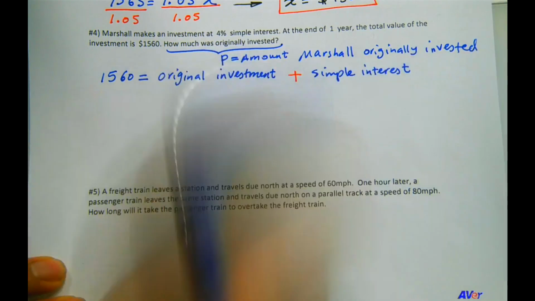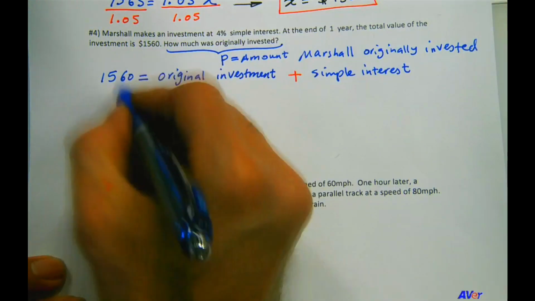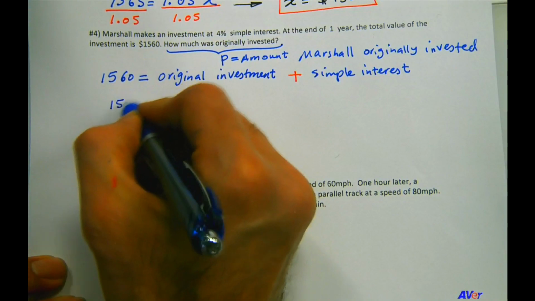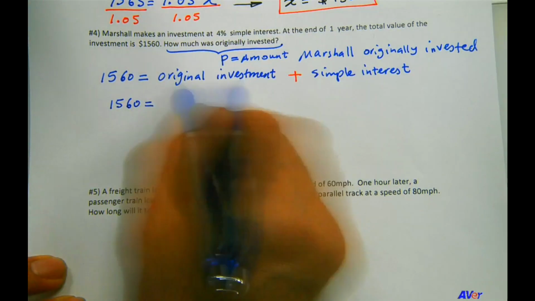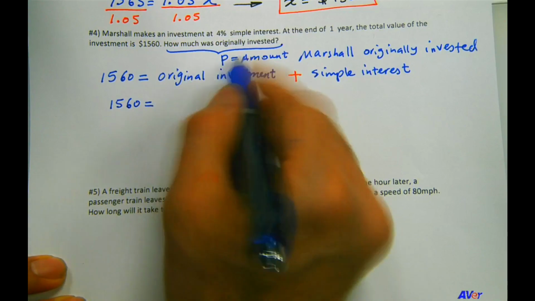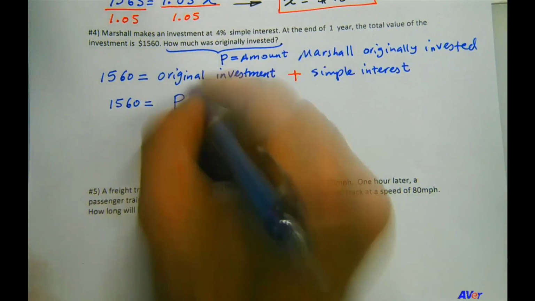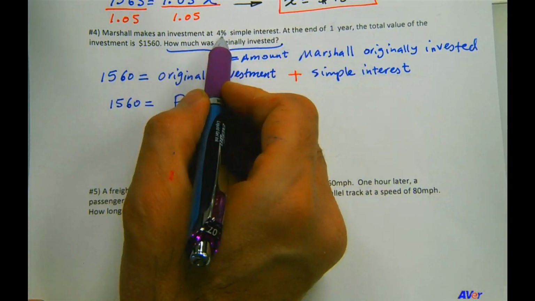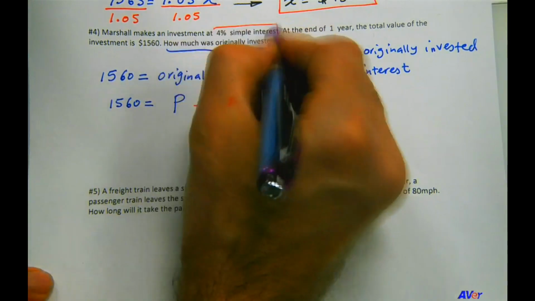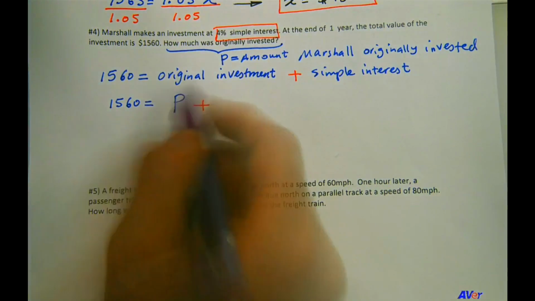That's what they're saying. So let's substitute for what we know. 1,560, we already know that. Original investment, what was that? We don't know, it's P. So P plus simple interest, it was 4%. 4% of what? 4% of the principal.